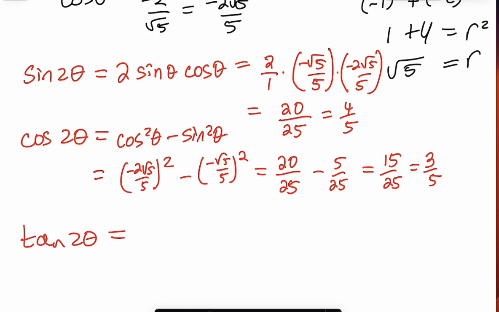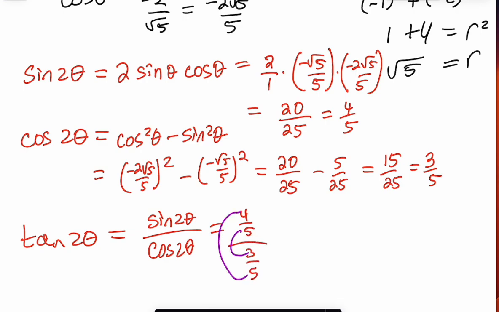And then finally, that gives us the tangent of 2 theta. You can use the other formula, but I want you to use the sine of 2 theta over the cosine of 2 theta, because we had to find those anyway. We have them all nicely done. They're nice and pretty. They're reduced as much as possible. So it would just be 4/5 divided by 3/5.